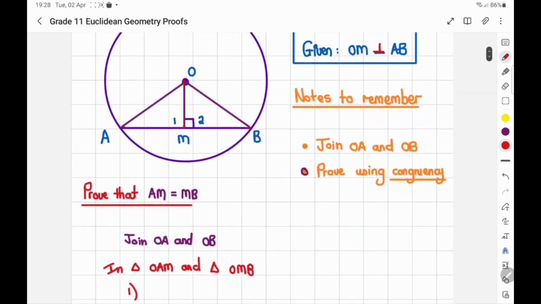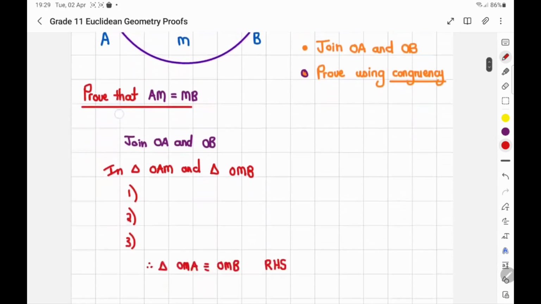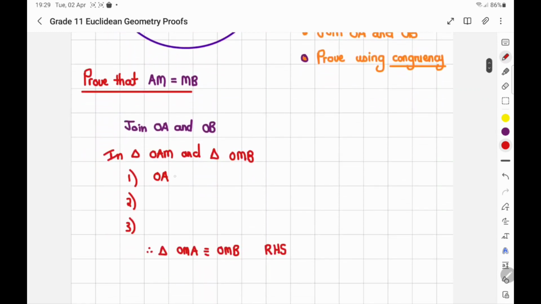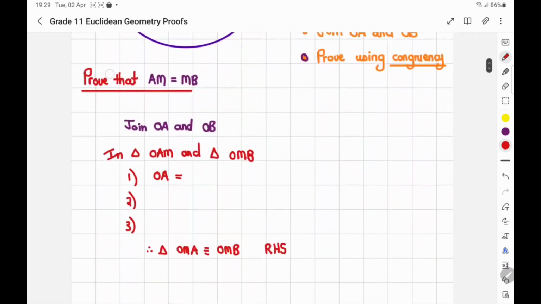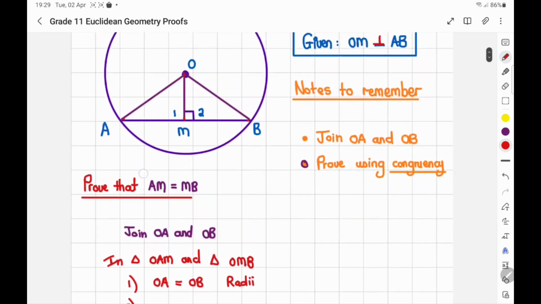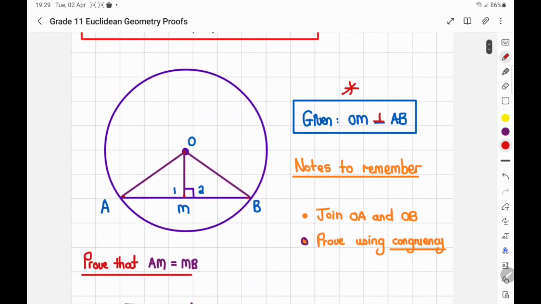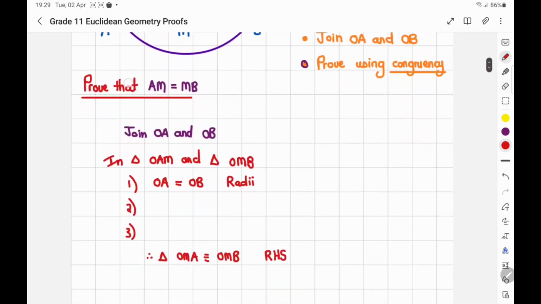The first thing is my radii that I joined there. So OA is equal to OB because of radii. Then this is given to me, given that OM is perpendicular, so I'm going to state that angle M1 is equal to angle M2 is equal to 90 degrees because it was given.